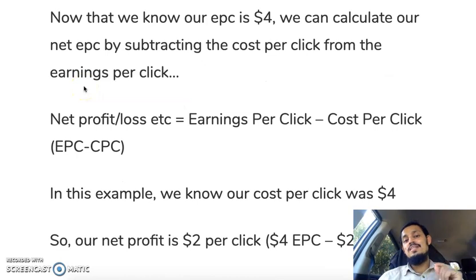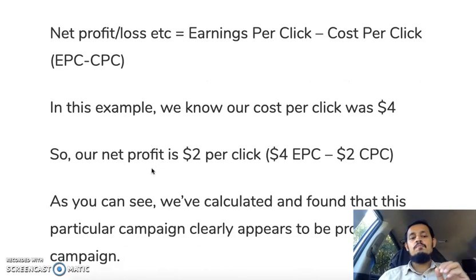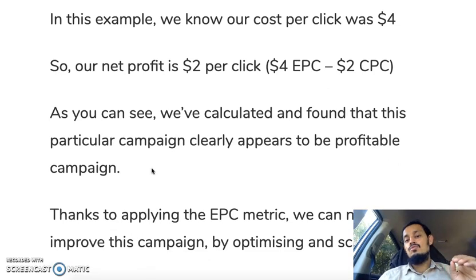Now that we know that our EPC is $4, we can calculate our net profit or loss by subtracting the cost per click from the earnings per click. In this example, our cost per click was $2, so our net profit would be $2 per click.